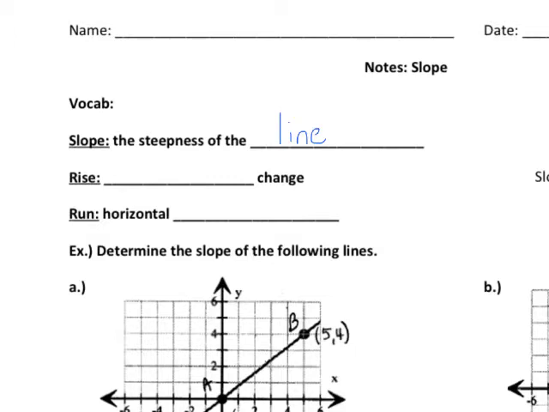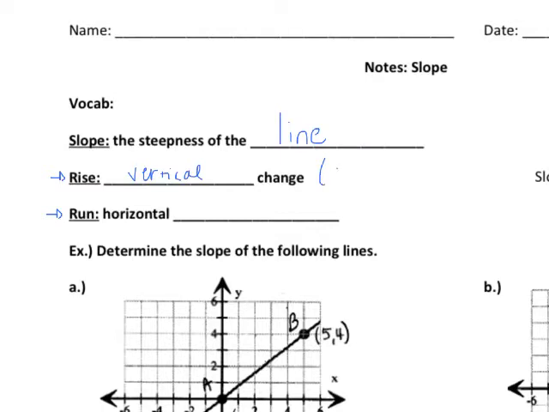So in order for us to figure out slope, there are a couple of things we have to think about. We're looking at two specific ideas: the rise and the run. The rise is the vertical change. Remember, we're always trying to improve our vertical. You hear the term vertically challenged.